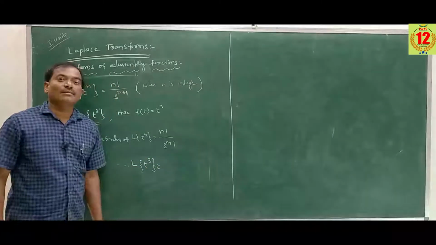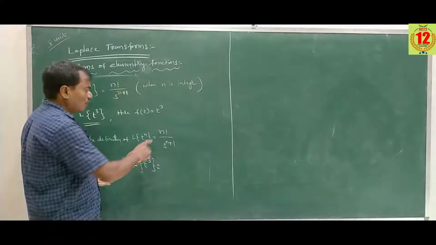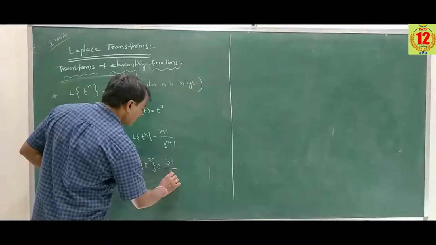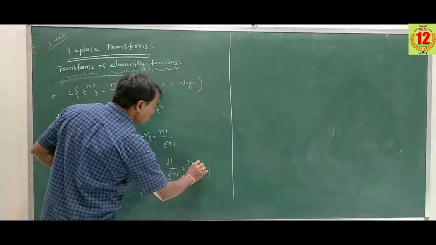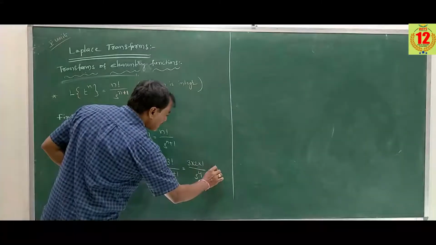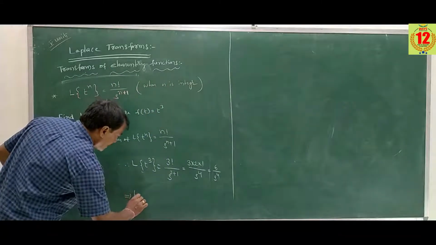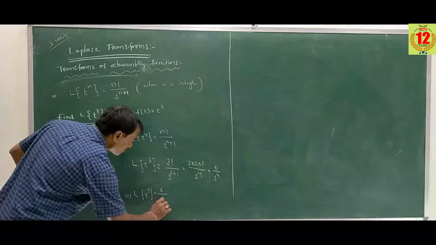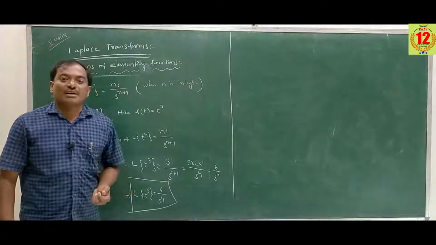What is n here? n equal to 3. We substitute the n value in the right hand side: 3 factorial by s power 3 plus 1. 3 factorial means 3 into 2 into 1, by s power 3 plus 1 equal to 4. Finally 6 by s power 4. So Laplace transform of t power 3 equal to 6 by s power 4. This is the process of finding the Laplace transform of t cube.